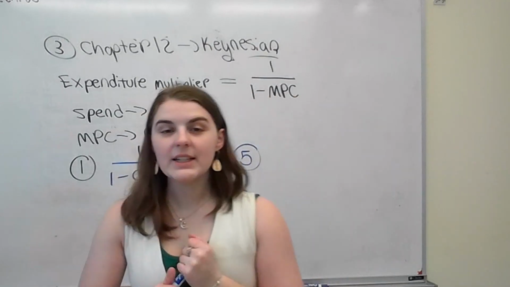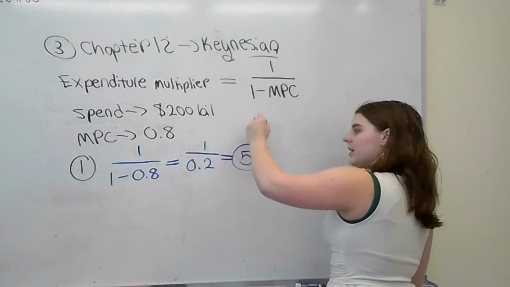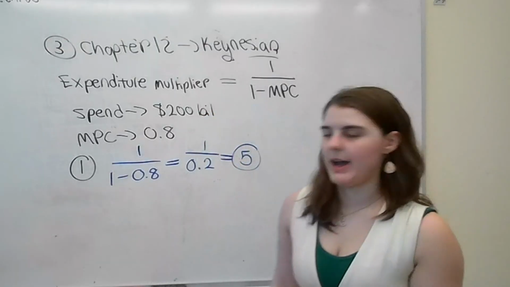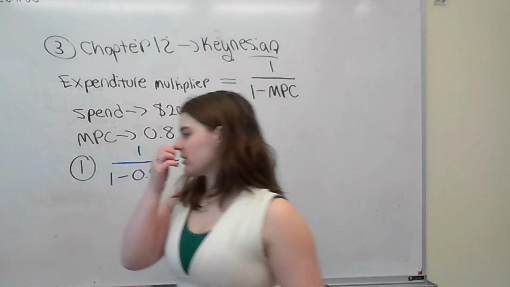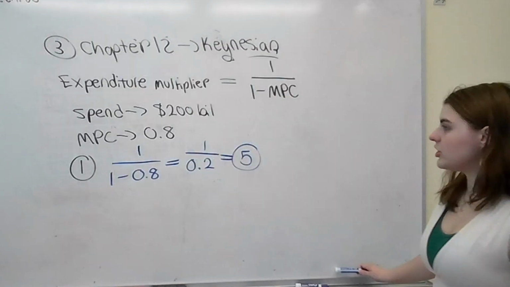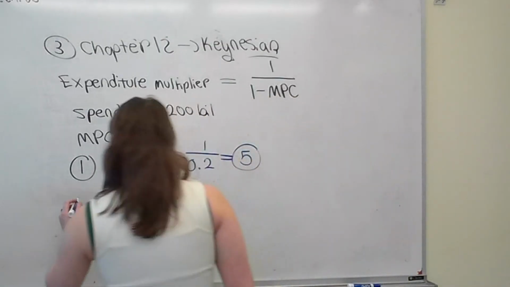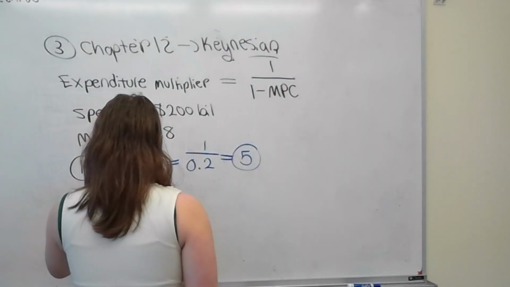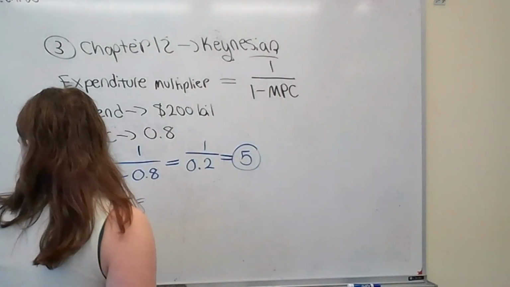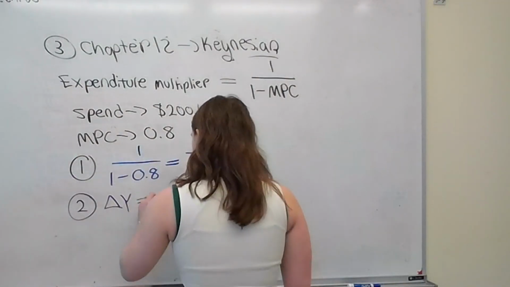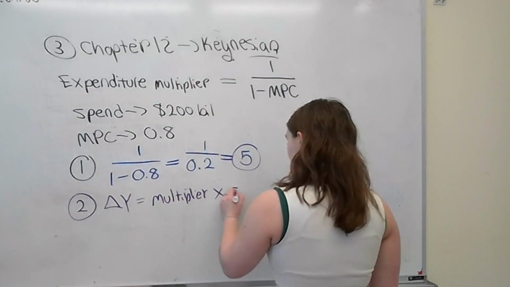So this means that whatever spending we're going to see from an economy should give us about 5 times as much back. And so the next one is asking us to calculate the resulting GDP growth. The change in GDP is represented by change in Y. Remember, Y is like our output, that's our GDP. So a change in GDP is going to be the multiplier times the spending.